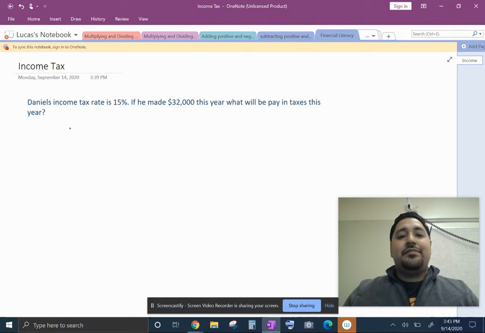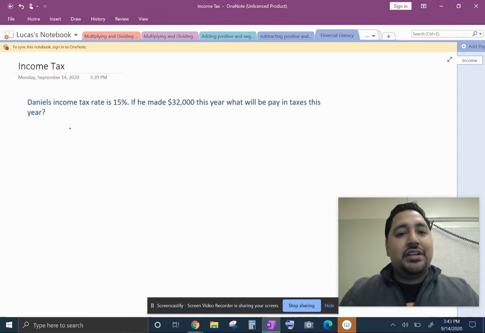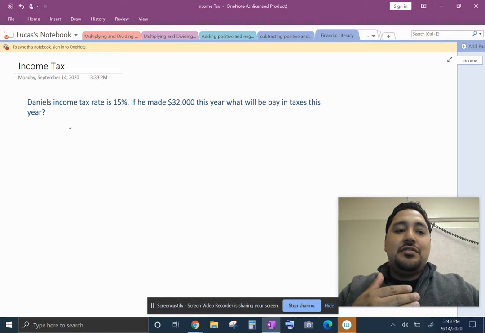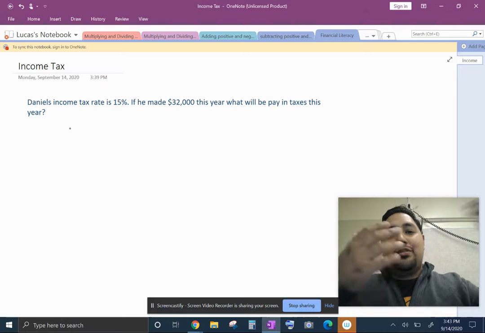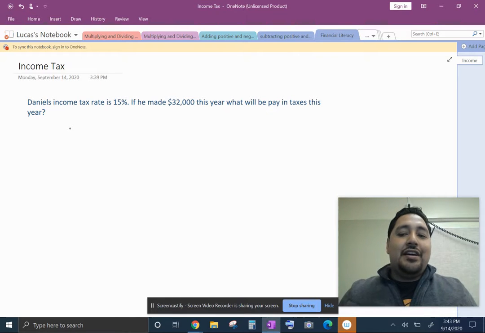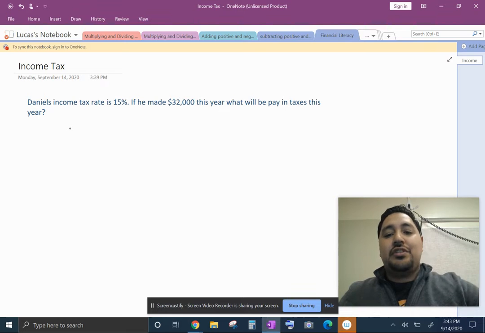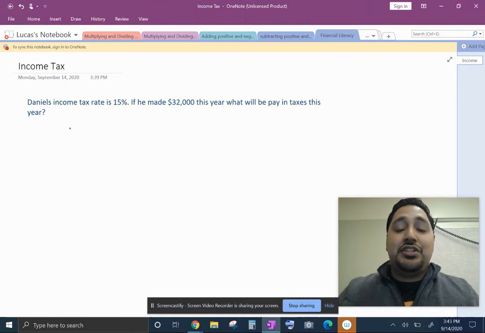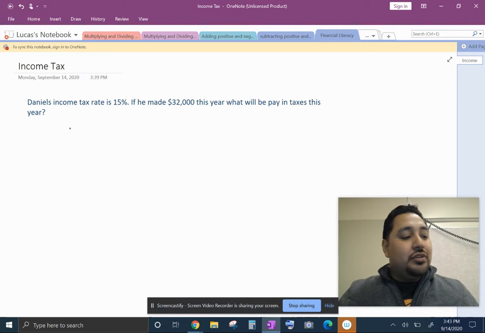And so when you have a regular paycheck, like I would as a teacher, you pay taxes throughout the year, and sometimes you pay too much, and they calculate it, and if you pay too much, you'll get a refund back. But we are going to take a simplified version of income tax as a percent of the amount that you make a year.